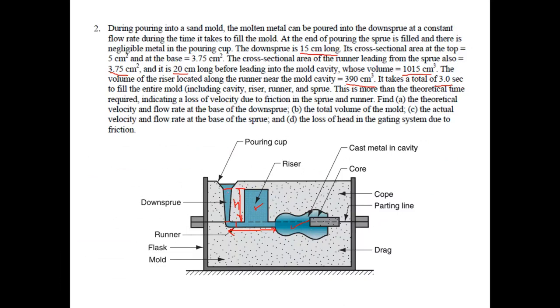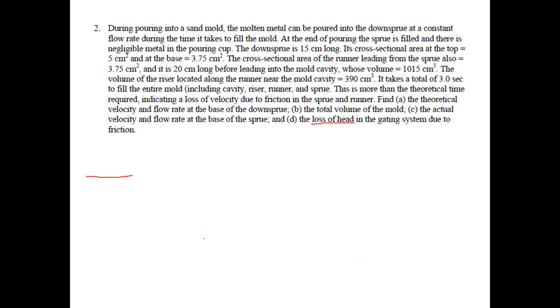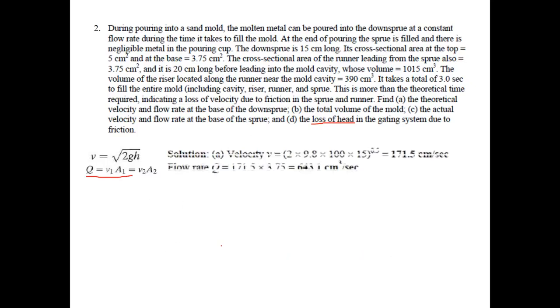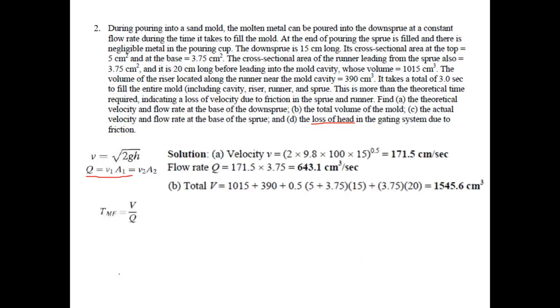It means that if there is no friction, a certain amount of head or height of the sprue is needed to apply sufficient pressure for filling the cavity properly. However, there is friction, and this friction should be compensated. And this compensation is making a difference. Now let's do the computation first, and then I explain how it works.